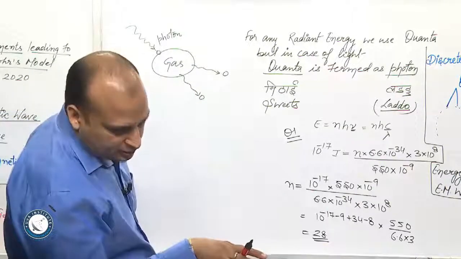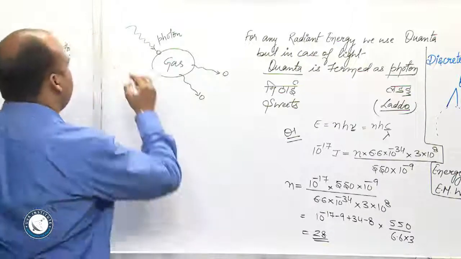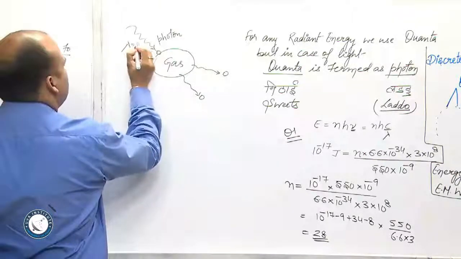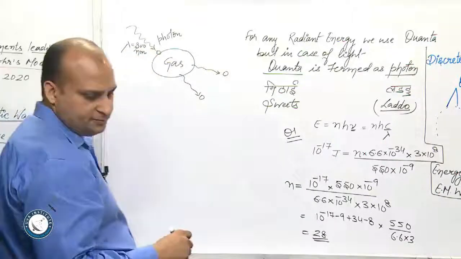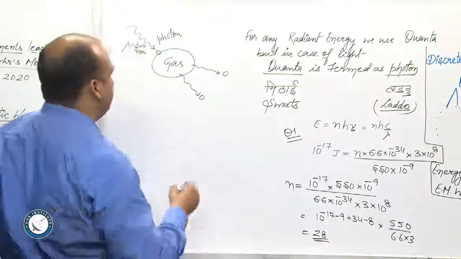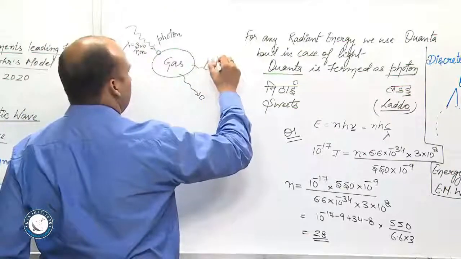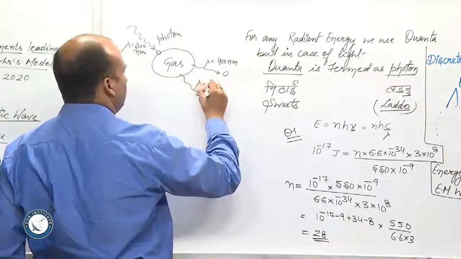So this is having lambda is equal to 300 nanometers. Now he says one re-emitted photon has wavelength 400 nanometers. So he is asking the lambda over here.